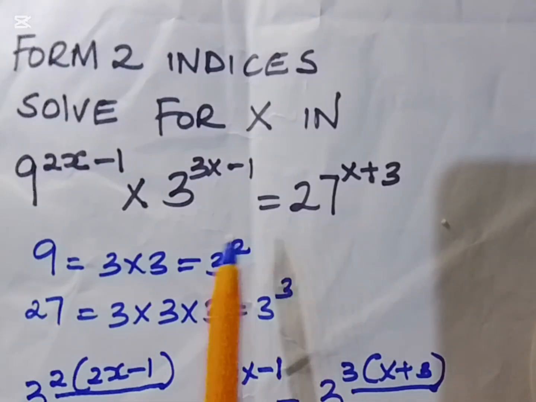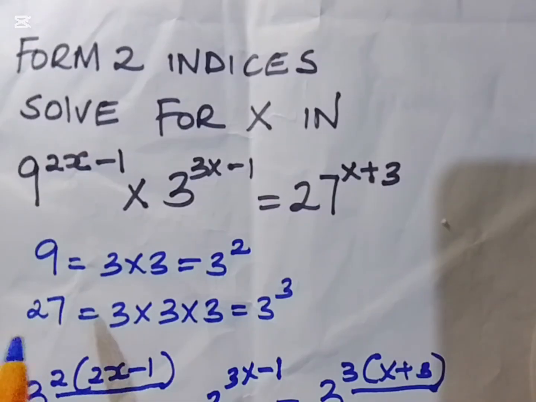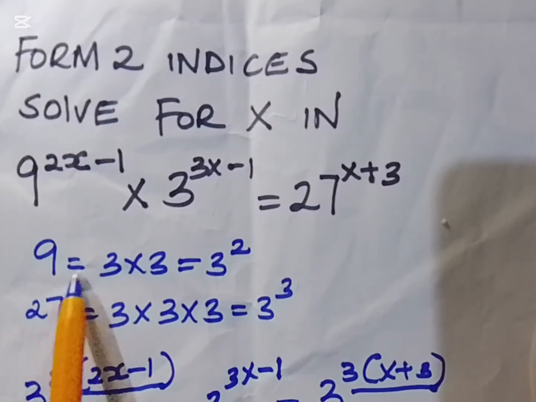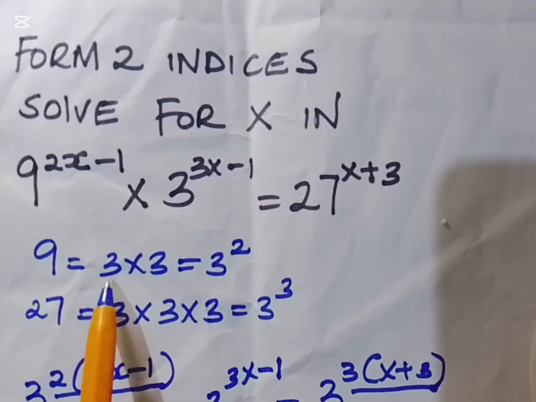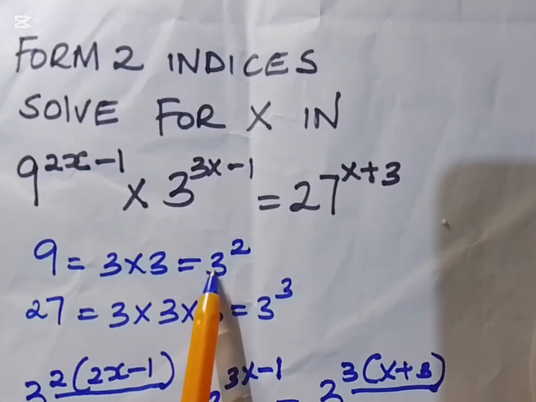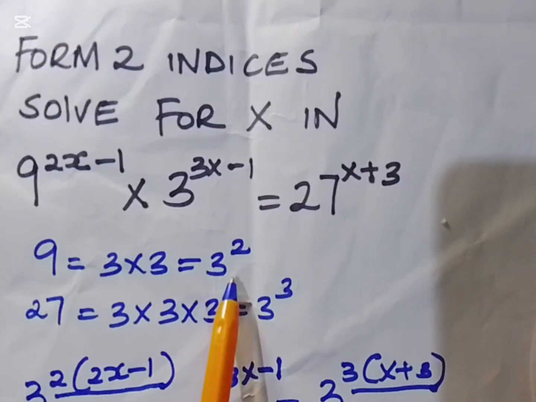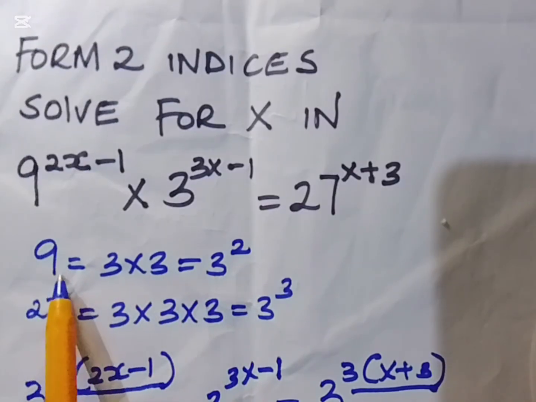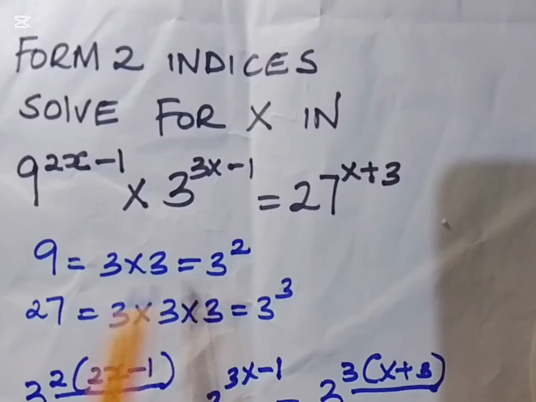Therefore, 9 is the same as 3 times 3, and because 3 appears twice, that twice becomes the power, so it becomes 3 power 2, or 3 squared. So 9 is the same as 3 squared.